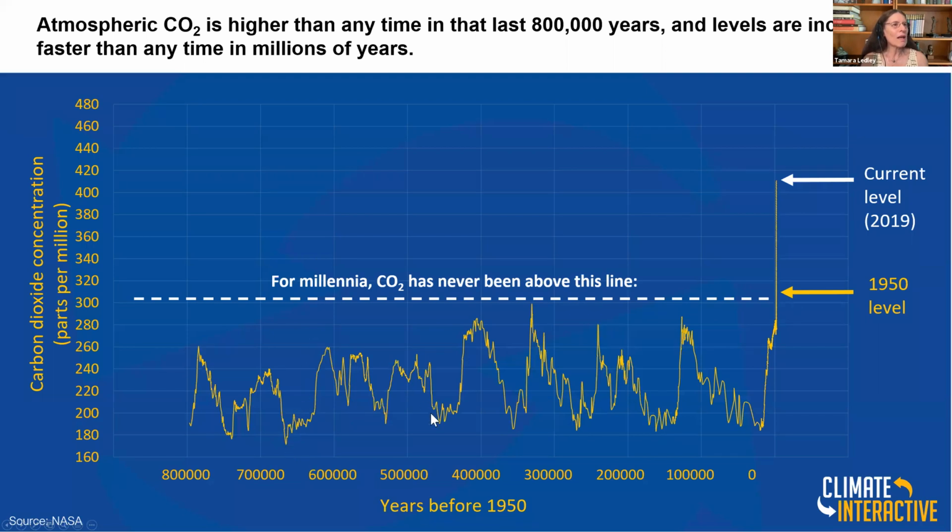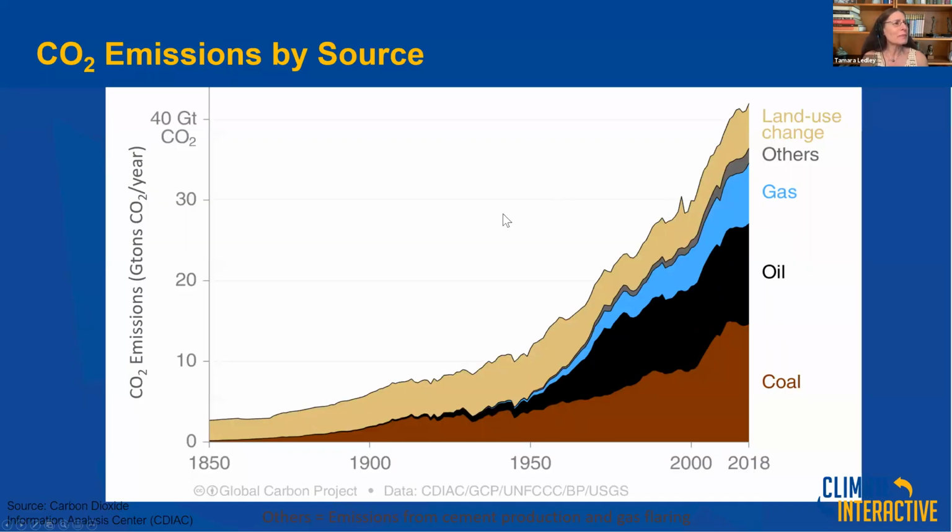There's been quite a lot of variability over time, and about 325,000 years ago, it was almost 300 parts per million, but it's varied within those ranges. So where did all of this extra carbon dioxide that's represented here by this near vertical line come from?